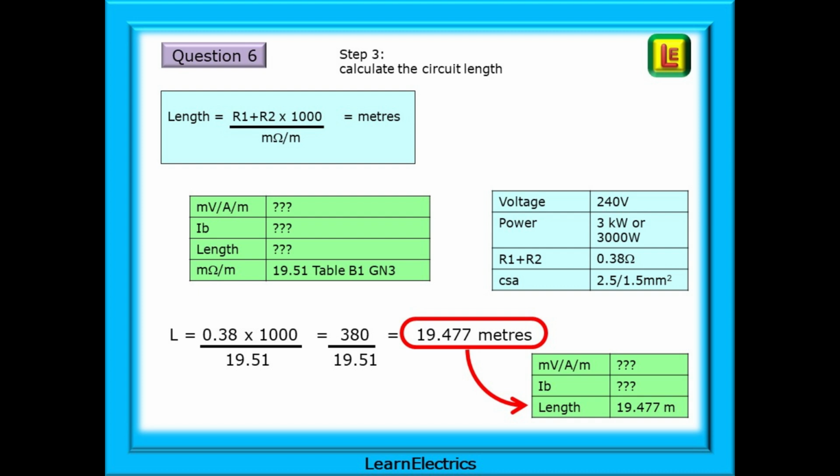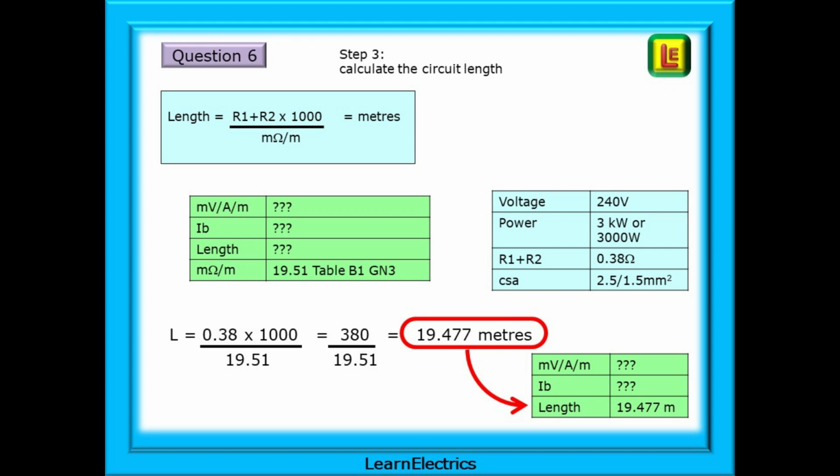Step 3 is calculating the circuit length. In the green box on the left, we've found the resistance value of 2.5 and 1.5 conductor from table B1. This is 19.51 milliohms per meter length. Make the calculation as shown and we have a result. The length is 19.477 meters. This can now go into our data table.